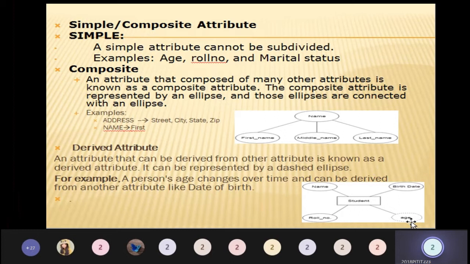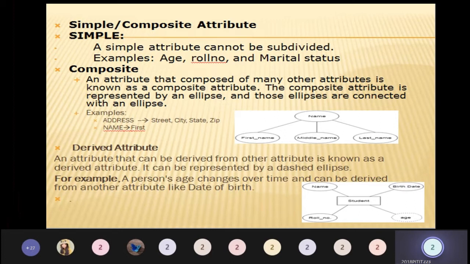For example, the age attribute can be derived from the date of birth attribute. This is called a derived attribute.